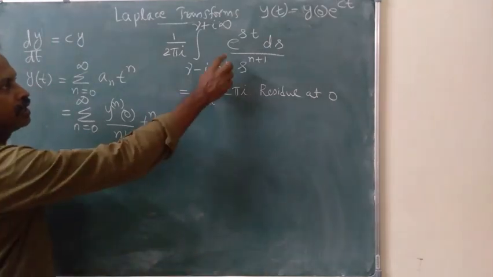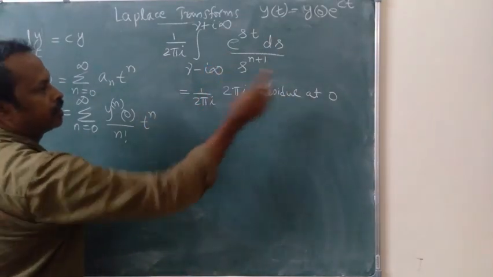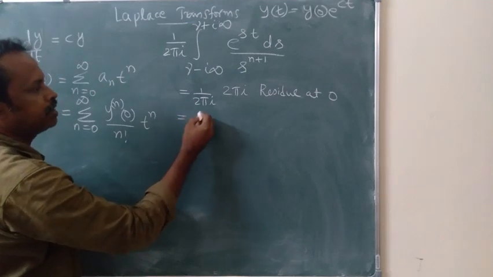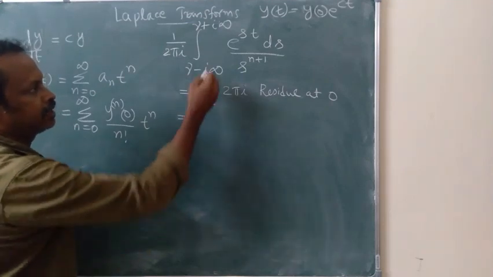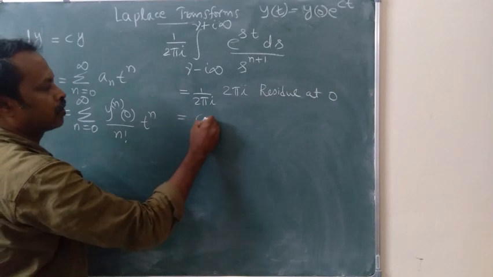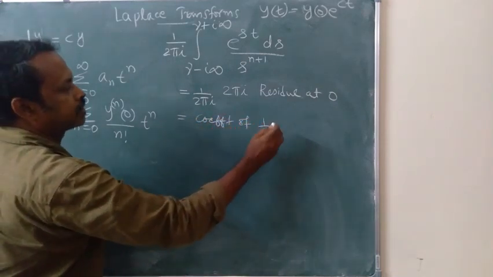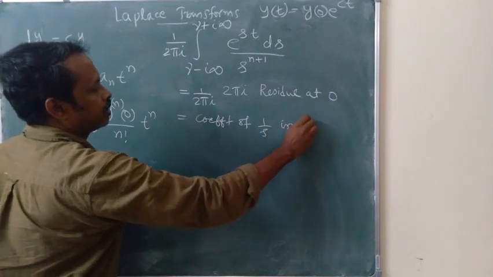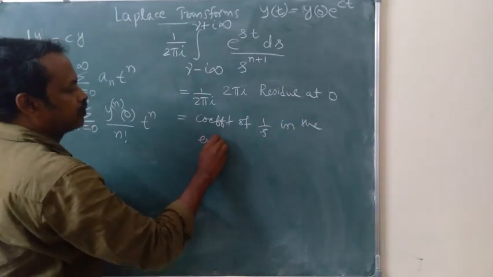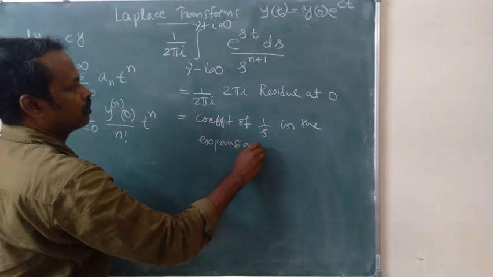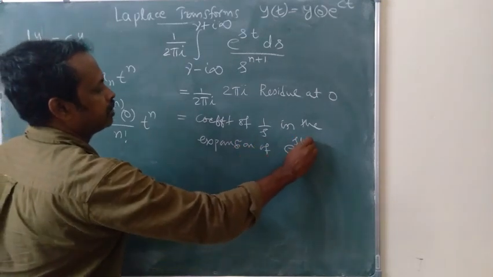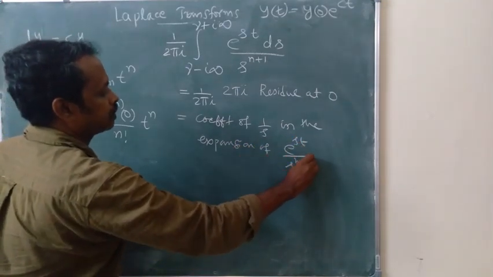Hence this integral is 2 pi i multiplied by the residue at 0. Now the 2 pi i gets cancelled, and the residue at 0 is the coefficient of 1/s in the power series expansion of e^(st) divided by s^(n+1).